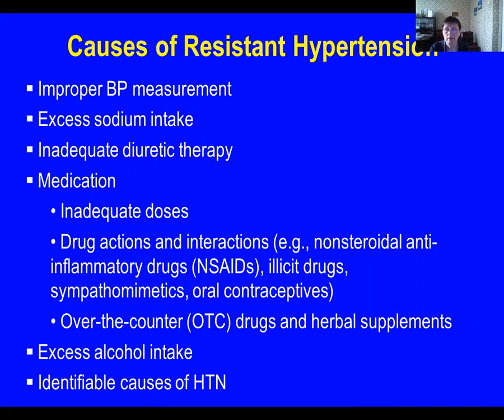It means that when you treat and give your patients more than 3 drugs to lower blood pressure, and there is no result after at least 3 or 4 weeks, such hypertension will be considered resistant, and we see that there are a lot of causes for this, but in the first place it is improper blood pressure measurement. So we need to study how to measure blood pressure carefully.